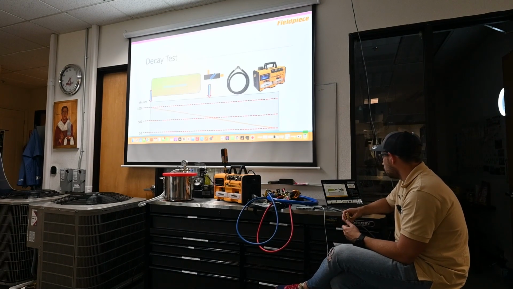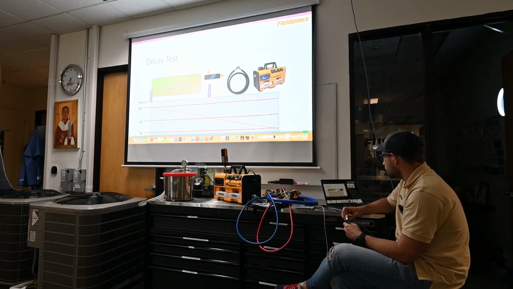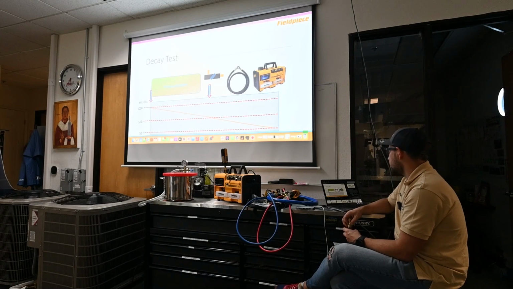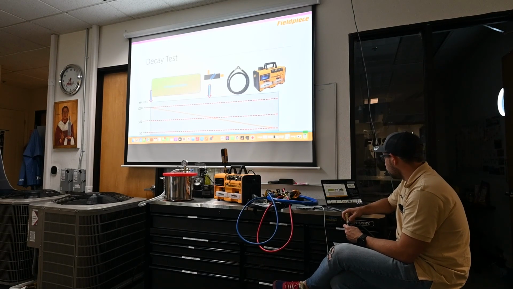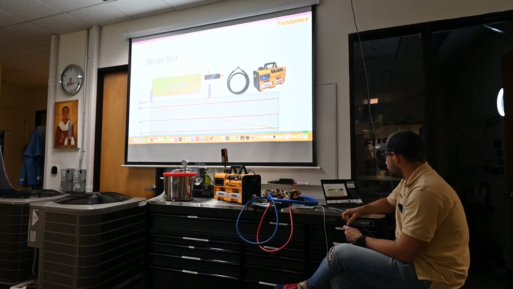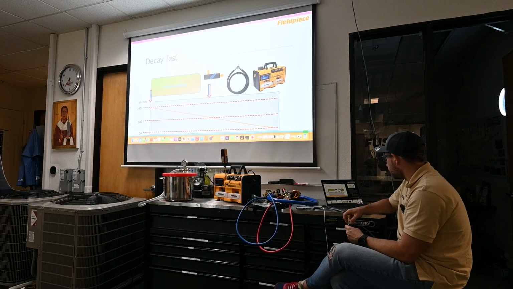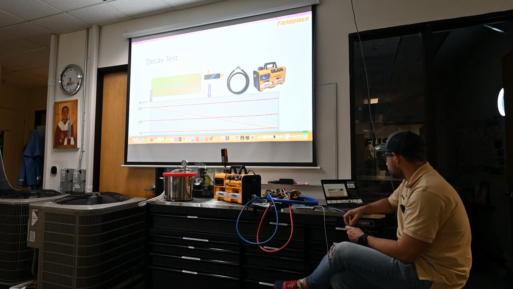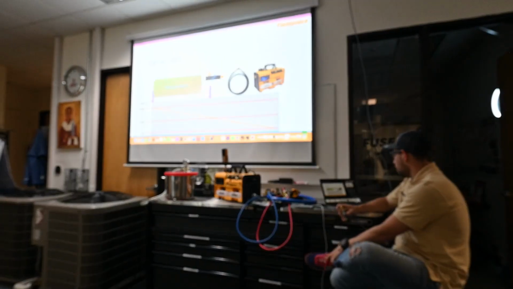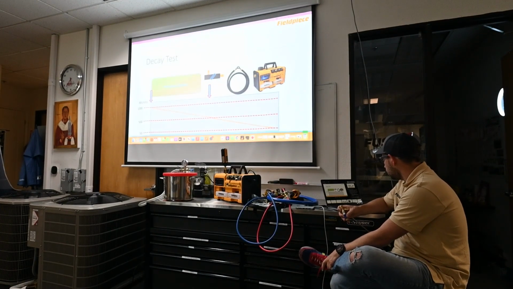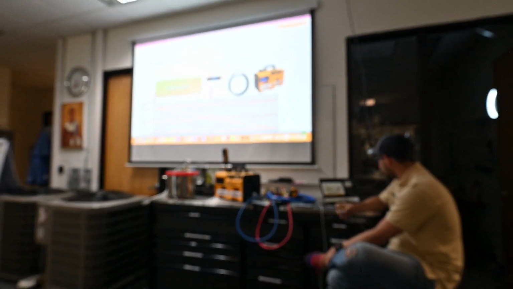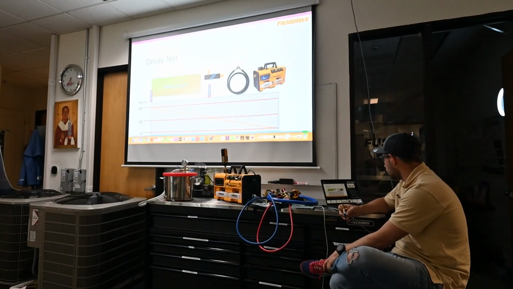Decay test, also referred to as a rise test. This test is to see what is remaining in the system after the pump is disconnected from the system and turned off. To make the test as accurate as possible, it's advisable to use a minimum amount of connection between the system and the micron gauge.